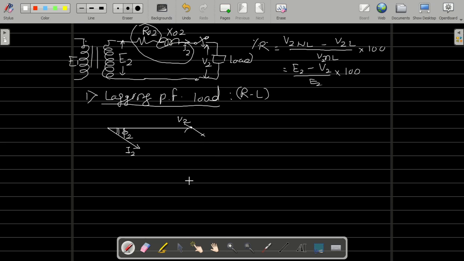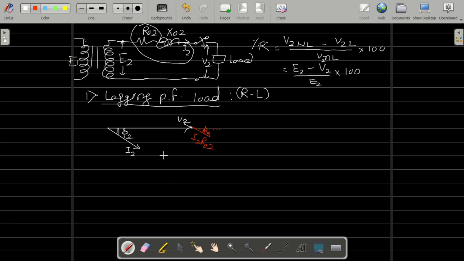Sorry, let me rub this, I'm just changing the ink. So I2R02 is a voltage drop in parallel with the current. So this is the voltage drop I2R02, and this angle is phi 2.